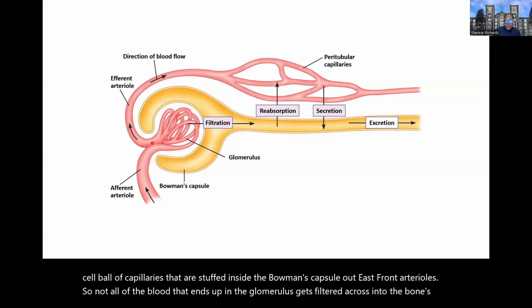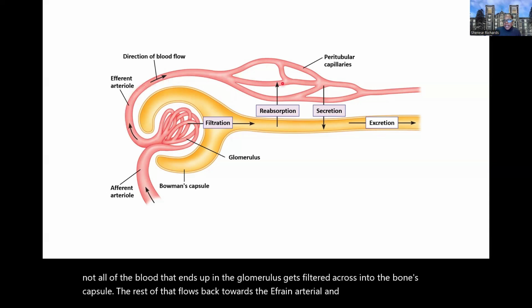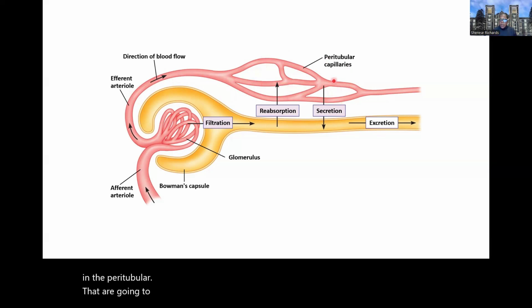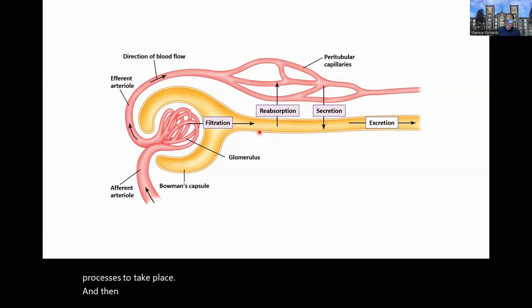The rest of that flows back towards the efferent arteriole, and then it eventually ends up in the peritubular capillaries that are going to be intertwined with different parts of the tubules in order for these two processes to take place. And then after we have the fine tuning of our filtered plasma, we can eliminate or excrete that as urine.